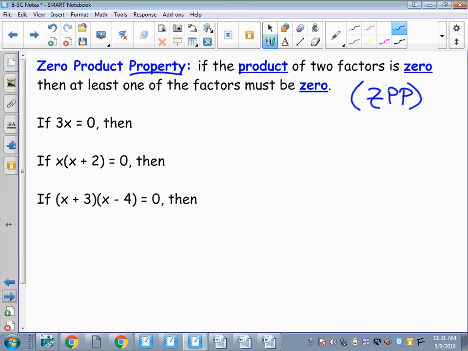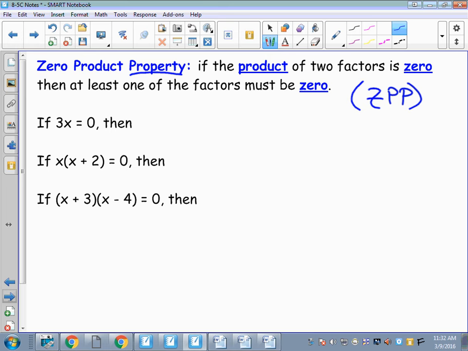That's a fancy name for a math rule. So it's the zero product rule, that if you have a product, an answer to a multiplication problem, one of those numbers that you are multiplying has to be 0. So if the product of two factors is 0, if the answer to a multiplication problem is 0, then at least one of the factors must be 0.